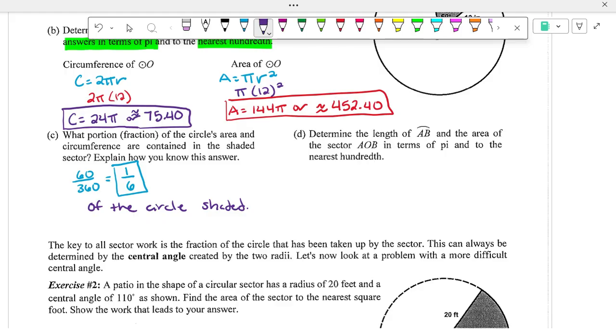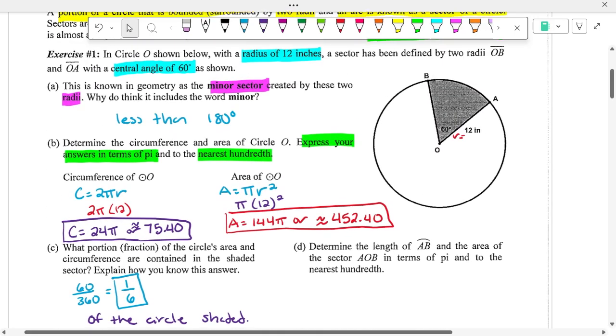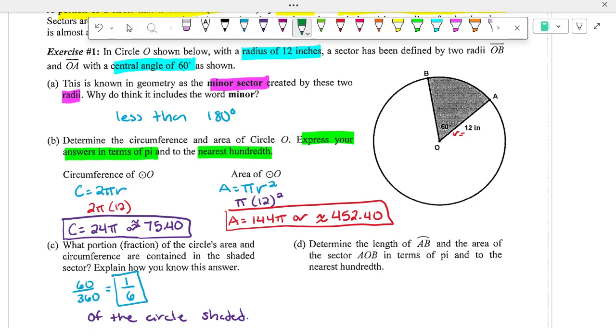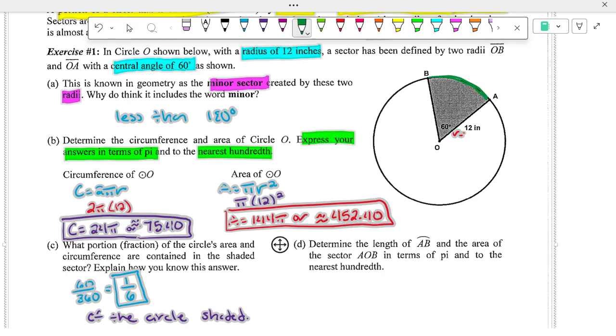So using what I got in B and C, what do you think I would do to find the arc length, or the portion of the circumference for this particular sector? I'm finding just the length of this right here.